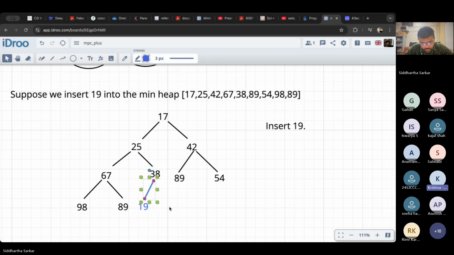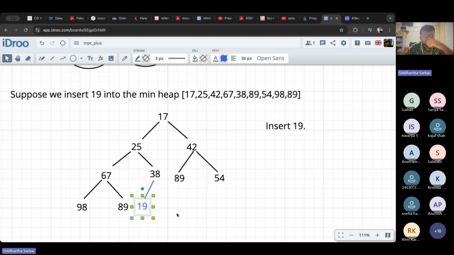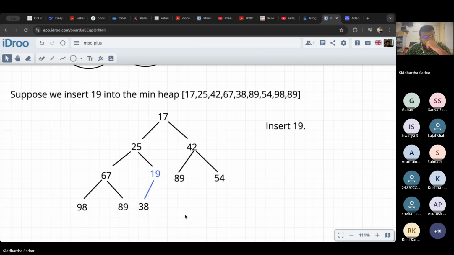If we take it to level 2, we bring it to level 2 by some mechanism. Yes, the mechanism is that we do swaps where the violation has taken place. So 38 is the parent of 19, which is a violation. So we will swap and make 38 the child of 19. Now, do we have a min heap?